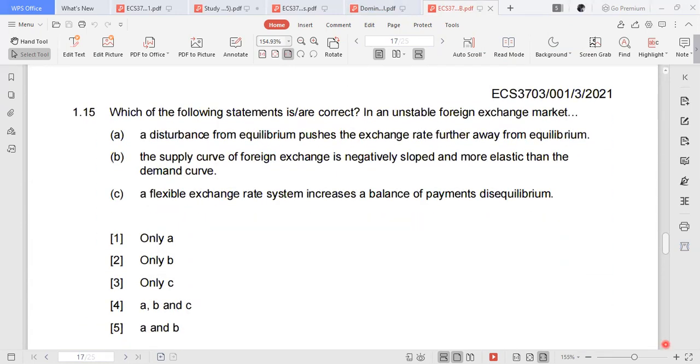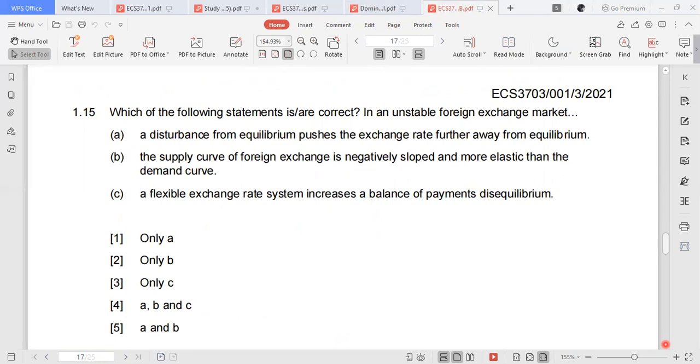Which of the following statements is or are correct in an unstable foreign exchange market? A, a disturbance from equilibrium pushes the exchange rate further away from equilibrium. We did this.